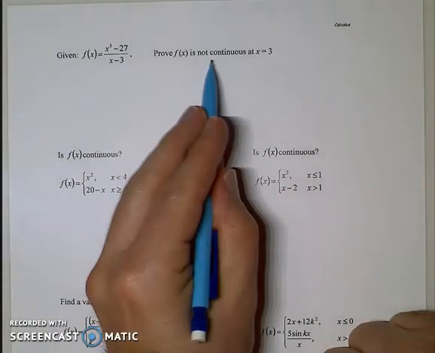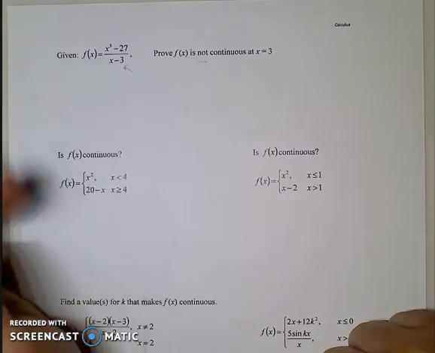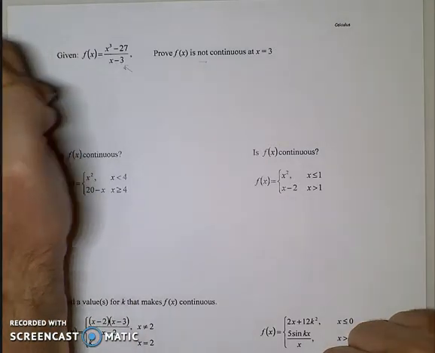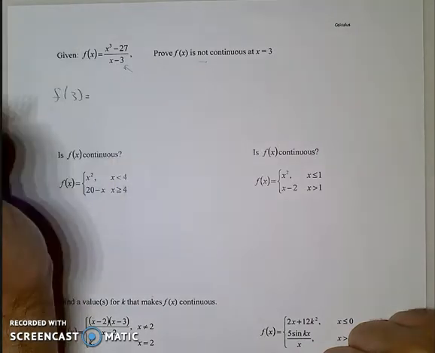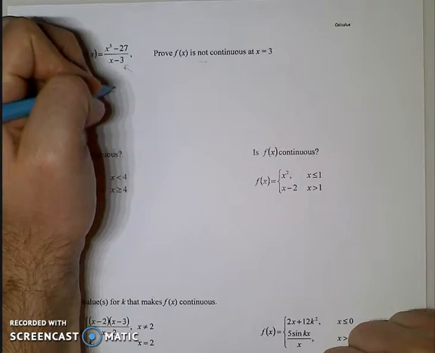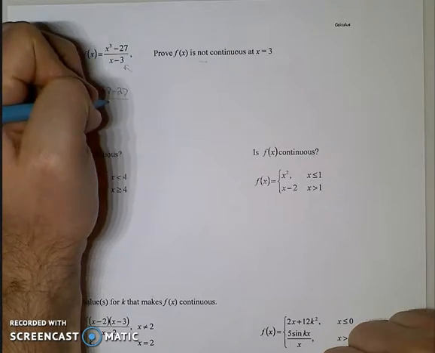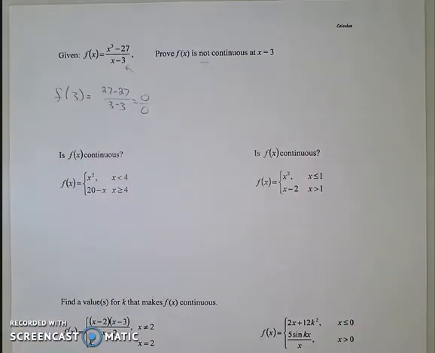So here, prove that it's not continuous. Well, I see a denominator. What I'm going to do is show that f of 3 equals 27 minus 27 over 3 minus 3. Well, that would have worked nicely if it wasn't indeterminate form.